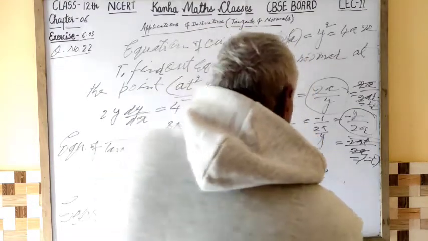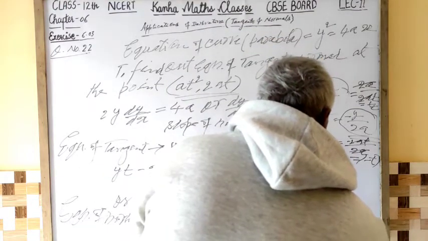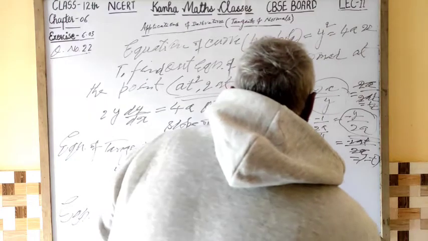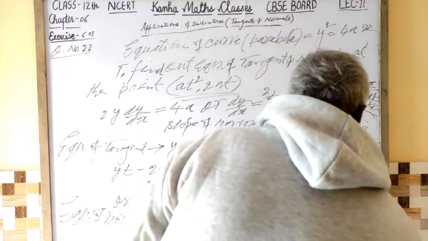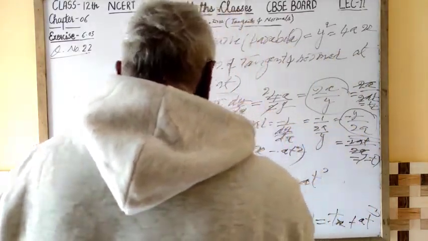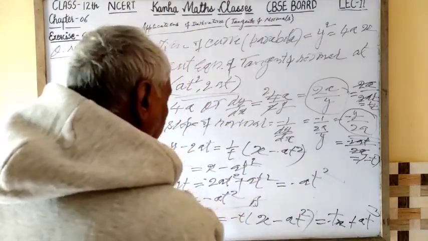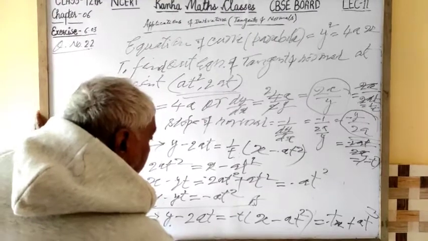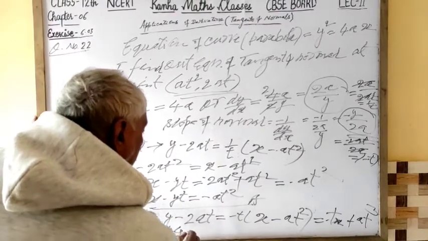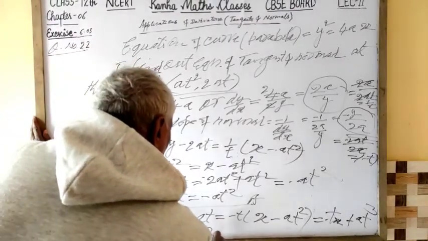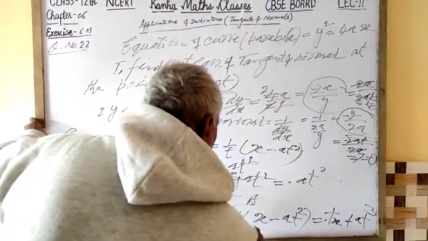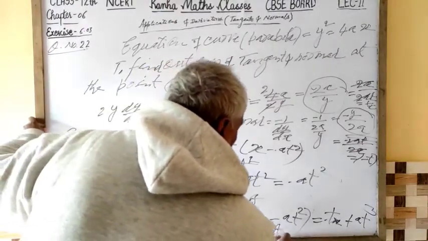By multiplying, this is minus tx plus at cube, and by transferring, this is tx plus y is equal to 2at plus at cube. This is the requisite equation of the normal.